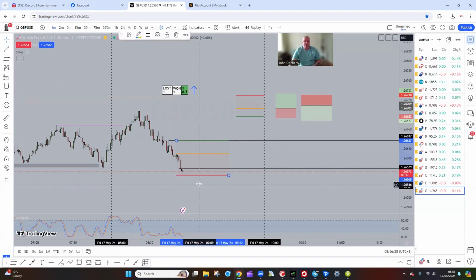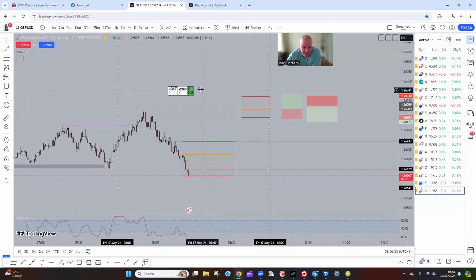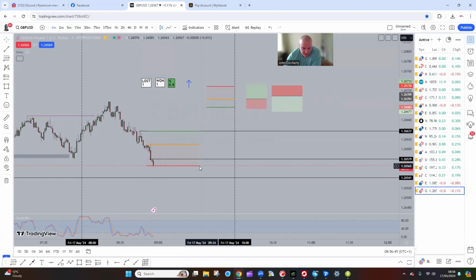I think this could be a sweep on the 5-minute range, to be fair. Yeah, we'll just follow the price, and then we wait for that separation candle.